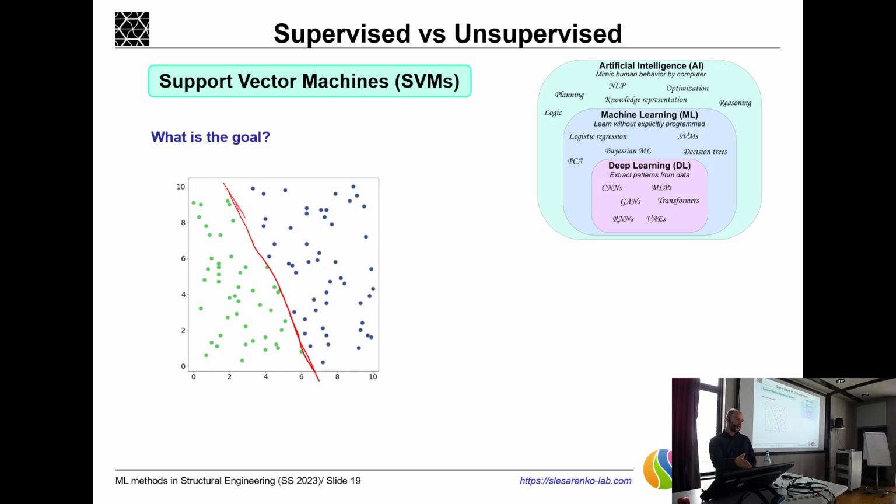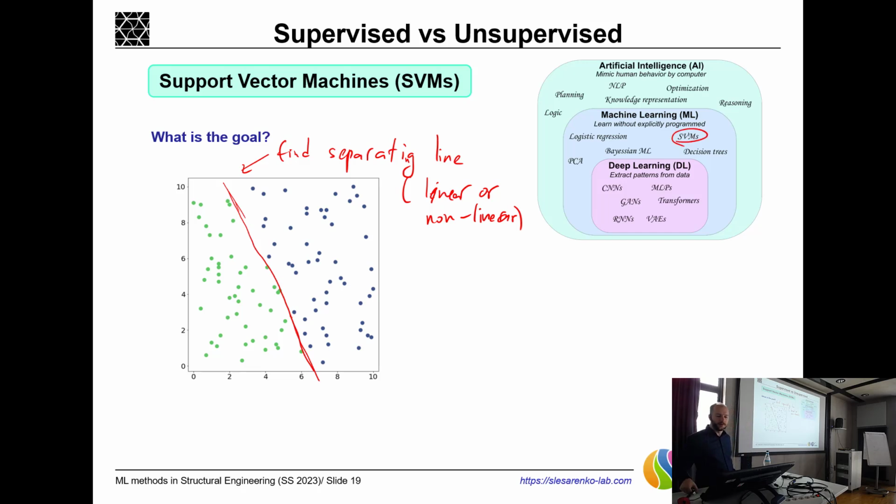But in general, the goal is to find a separating line, linear or non-linear. And you see, the SVMs here are not in deep learning, so they do not extract patterns from data.